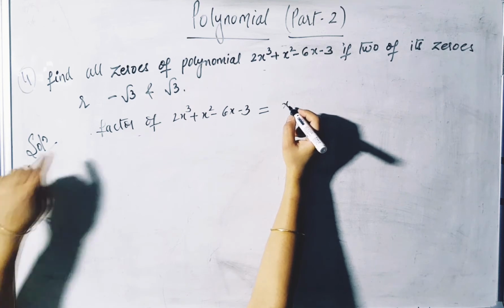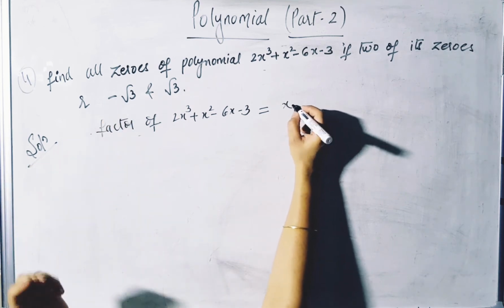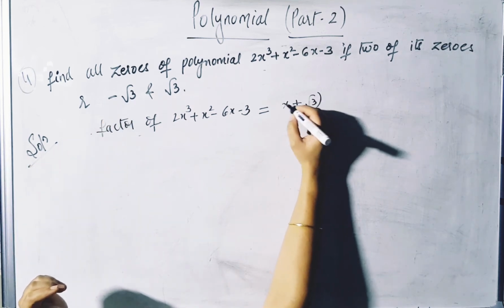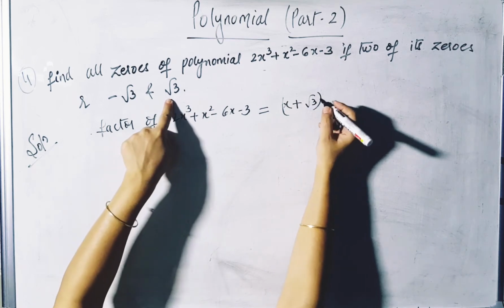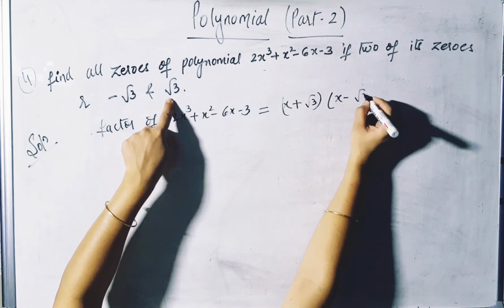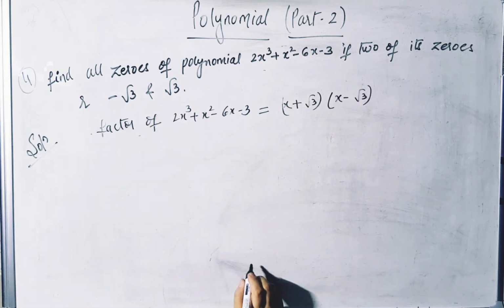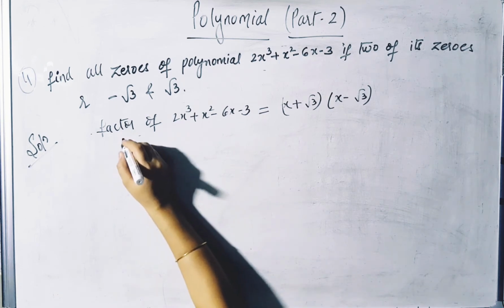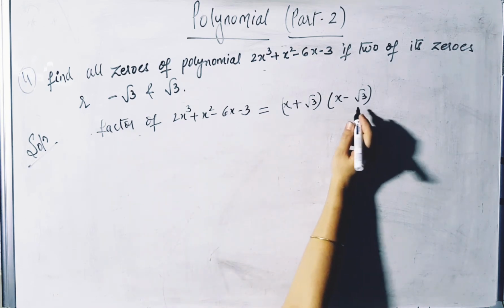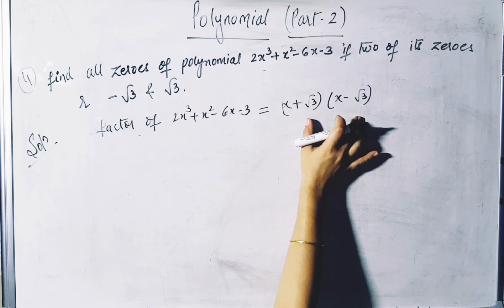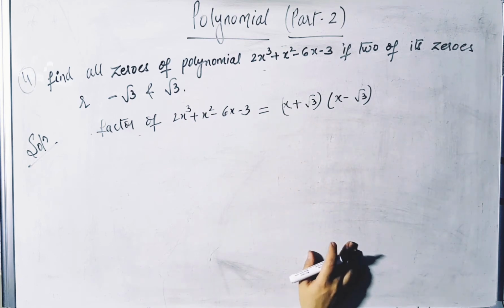If it is minus root 3, we'll change the sign, that is x plus root 3. And this is plus root 3, so we'll change the sign, this is x minus root 3. There are 3 factors, we know 2 factors and we have to find the third factor.